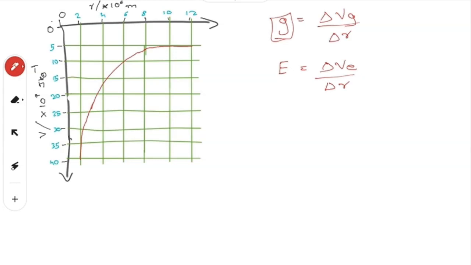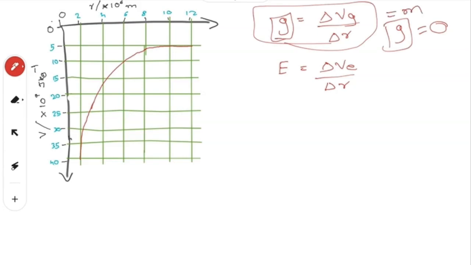Now let's say they want to figure out the point at which your acceleration due to gravity is equal to 0. And if they do ask that, well, when is this equal to 0? And that's just the gradient.